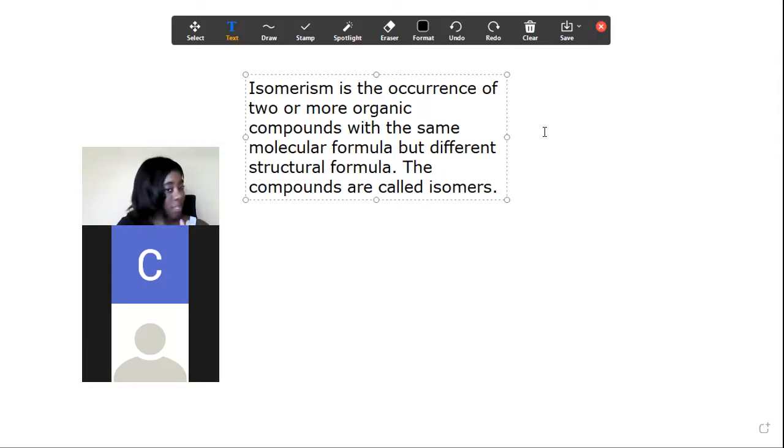At the end of the day, it's just 5 boys and 5 girls, but you are putting them in any order that you feel fit because you're trying to have a different structure to your class. So when you're in class and you're giving trouble and your teacher says, all right, I'm going to switch up today, and they take your friend and put your friend at the east and put you at the west, at the end of the day, you are still in the same class, but there's a different structural formula. Make sense?